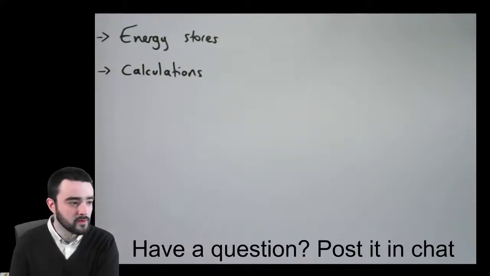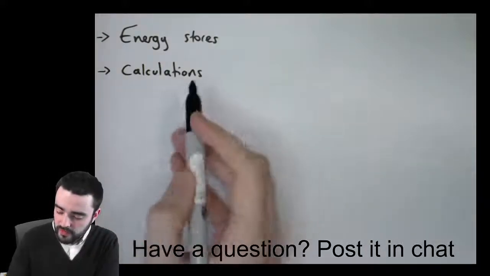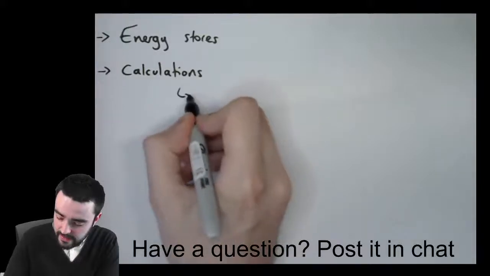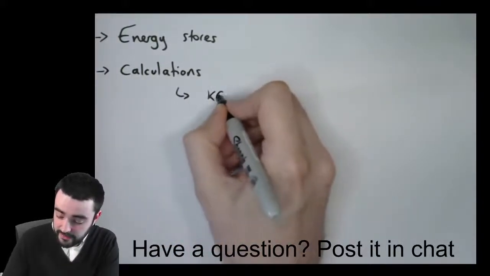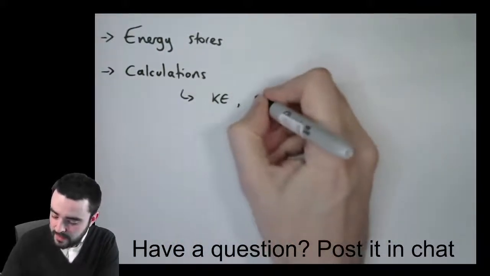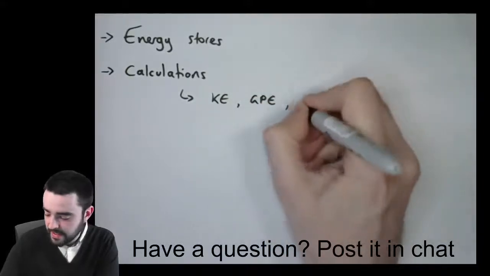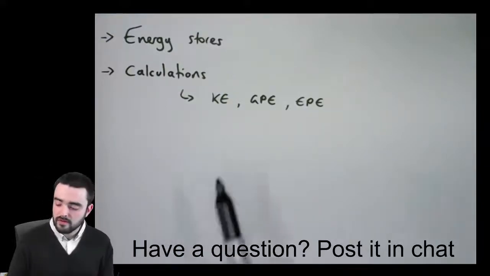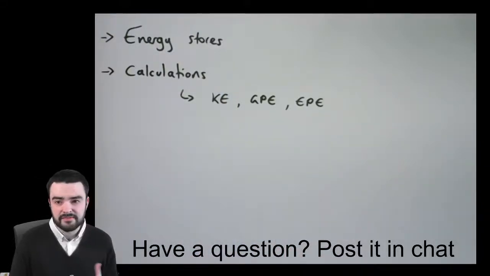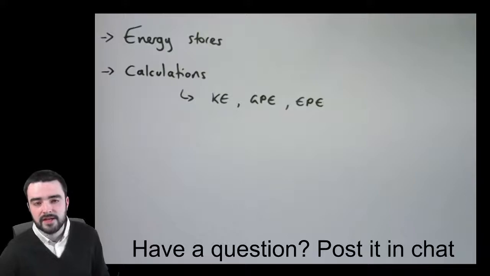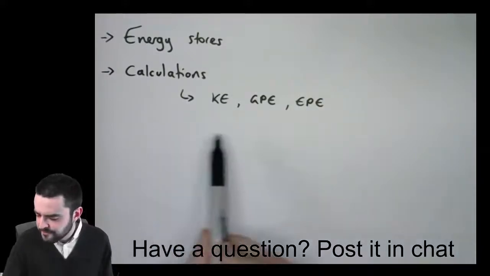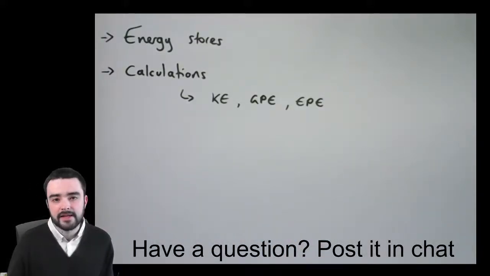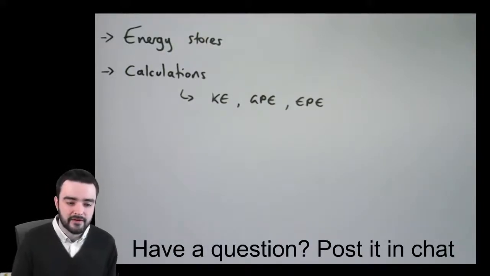With regards to calculations, we'll initially be having a look at calculations involving kinetic energy, gravitational potential energy, and elastic potential energy. Actually, I'm going to be combining these three in one slightly weird, not normal question. And we'll have a look at a process for tackling calculation questions.